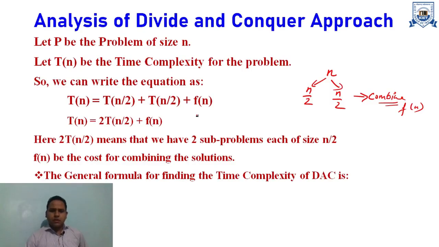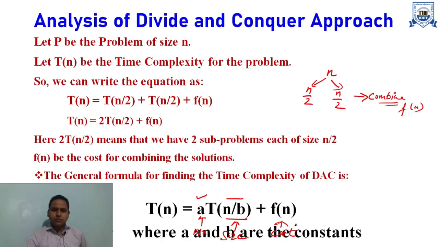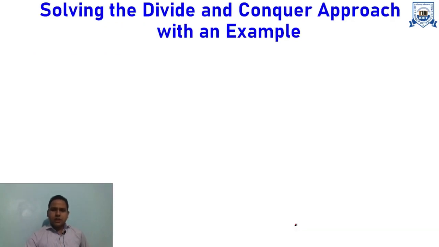We have a times T(n/b): a is the number of sub problems, and n by b is the size of each. And f(n) is the cost function for combining. This is the general formula for finding the time complexity, where a and b are constants.